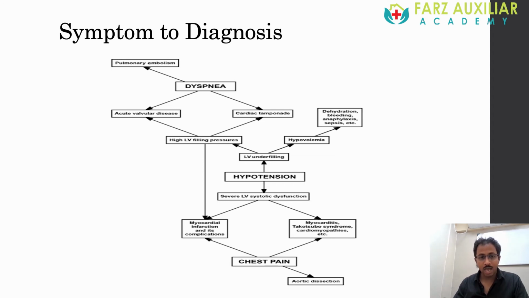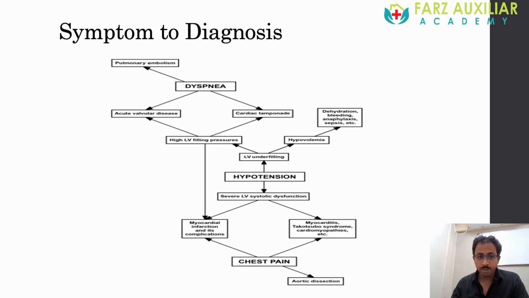Whether the patient is having acute valvular disease, we can identify with echocardiography. If there is a cardiac tamponade, I have already discussed, we can identify that, which led to dyspnea, or because of heart fluid overload or pulmonary edema.